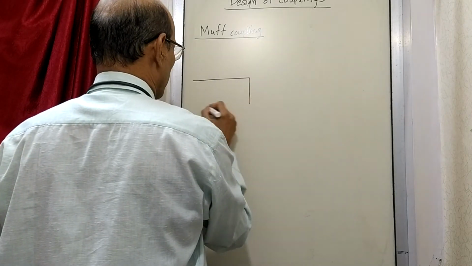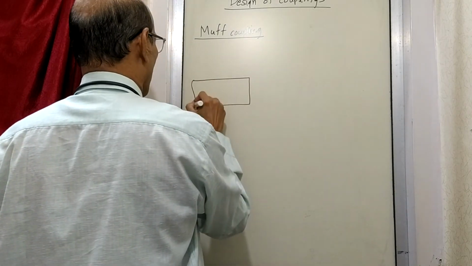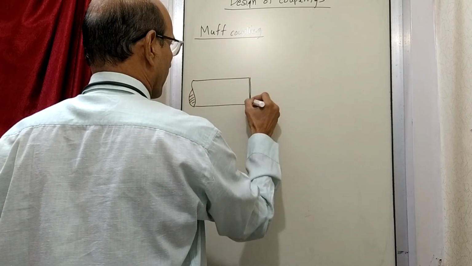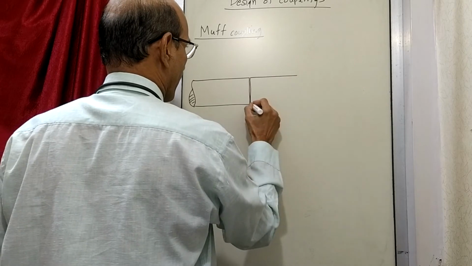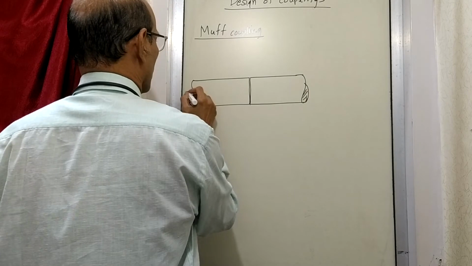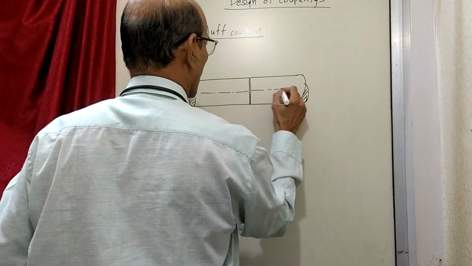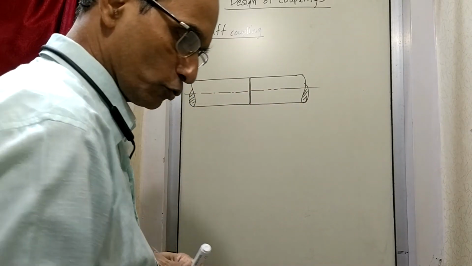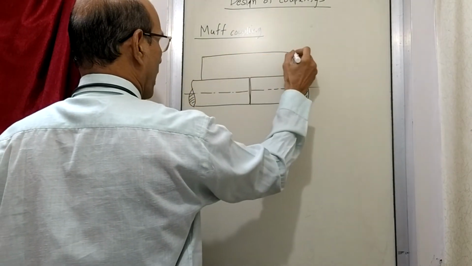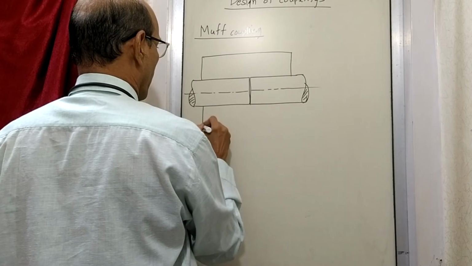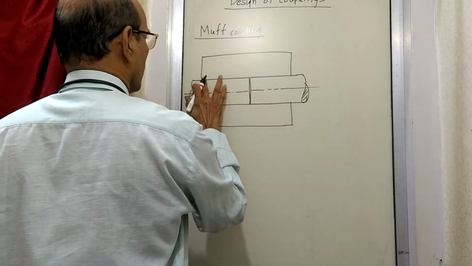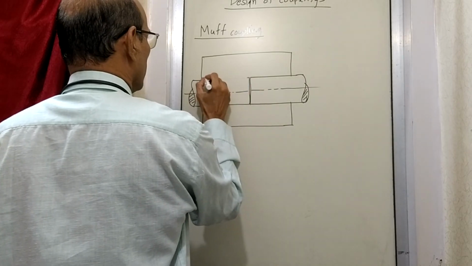So there is one shaft like this, and there is one more shaft here. Then these two shafts are enclosed or covered by a sleeve. Here there is a key fitted.